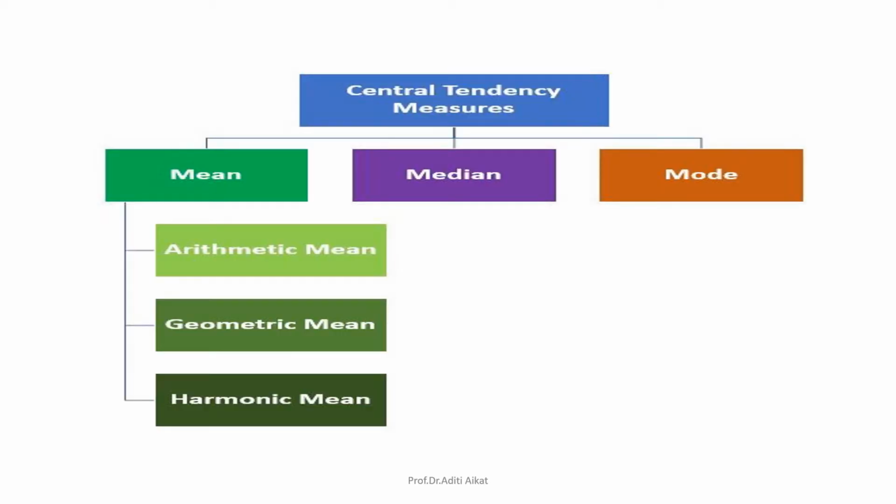Now coming to central tendency, the basic measures of central tendency are mean, median and mode. In the mean you have arithmetic mean, geometric mean and harmonic mean, but mostly when we talk about this in the context of our examination and understanding, we generally refer to arithmetic mean.